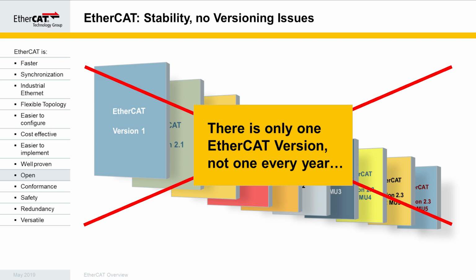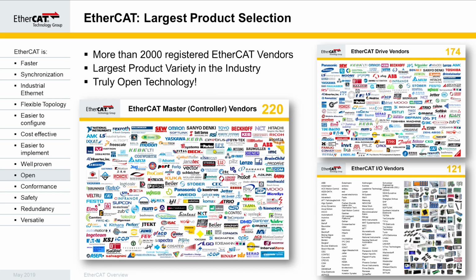You can take a device of today, put it in the network of 2004, and it will still work because we've never changed things. This is also helpful for the many vendors of EtherCAT devices. We have more than 2,000 registered vendors and by far the largest product variety in the industry. Let me emphasize in particular the large variety of masters, of controllers.